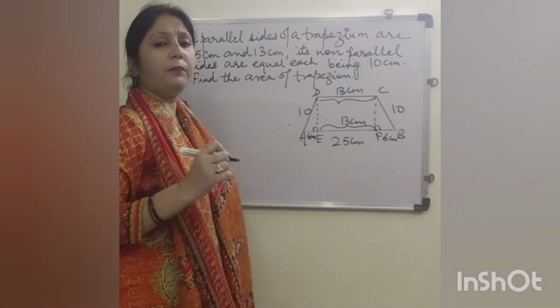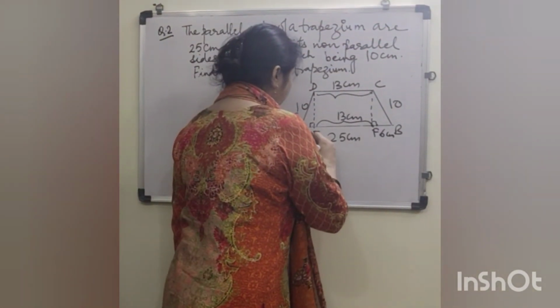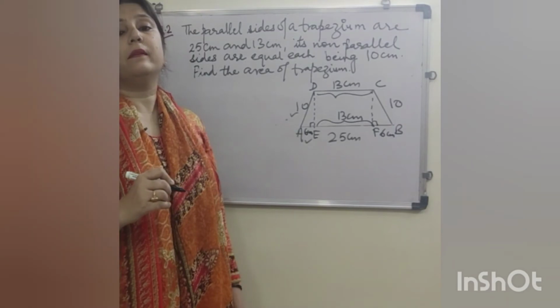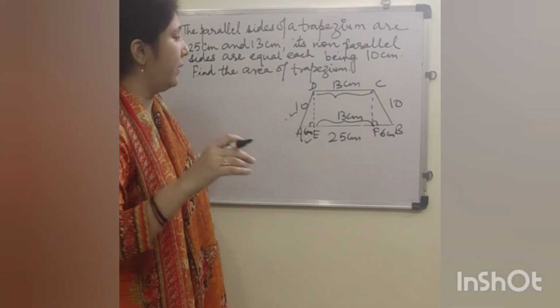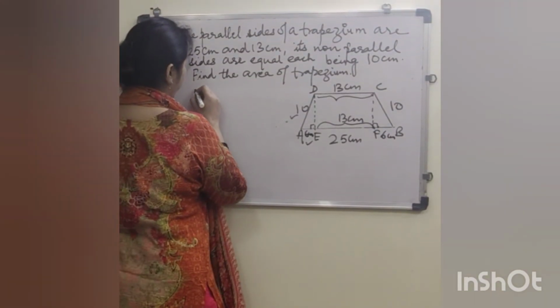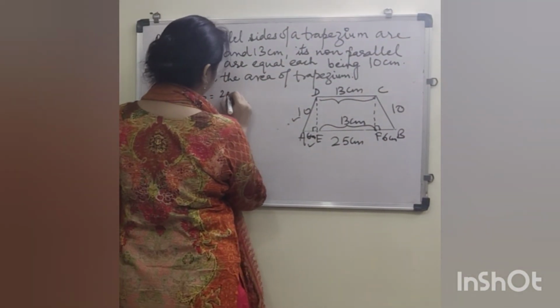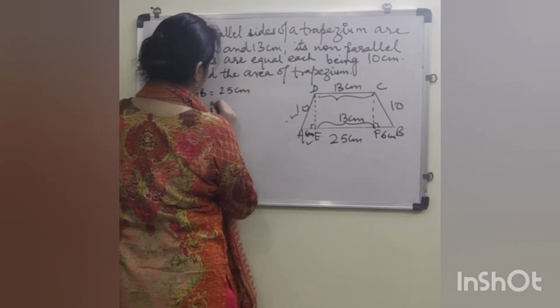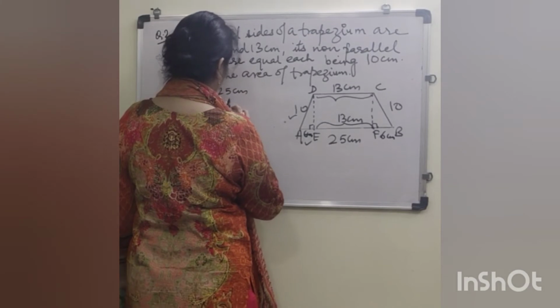Now I hope you can see that you have the hypotenuse as well as the base. But you have to give this in written form. Like you have AB is equal to 25 centimeter, CD is 13 centimeter.